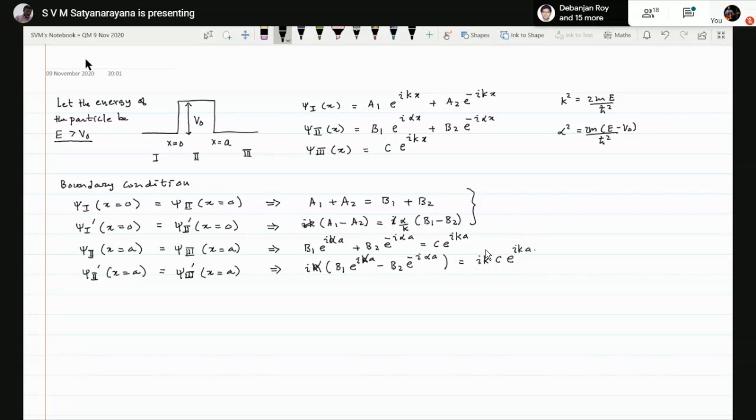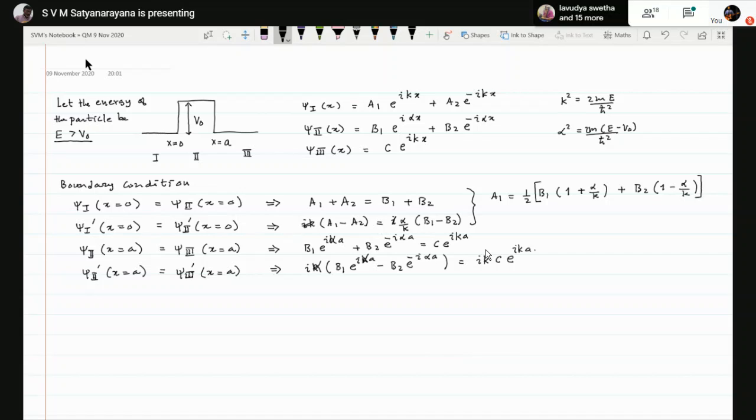Suppose I add these two equations, I will have A1 equal to half, B1 into (1 plus alpha by k) plus B2 into (1 minus alpha by k).